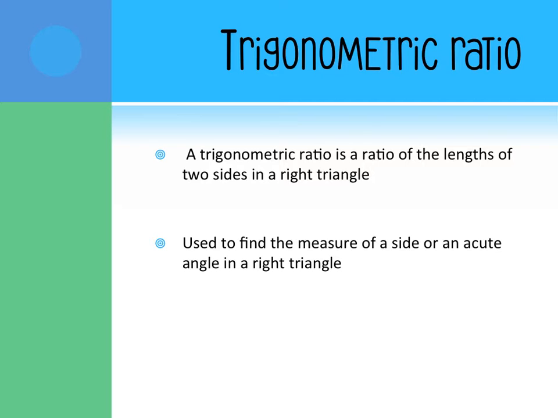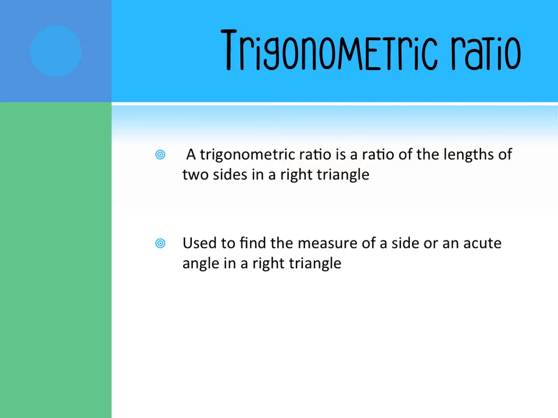So the trig ratio is a ratio of the lengths of two sides of a right triangle. And it's used to find the measure of a side or an acute angle in the right triangle. So we're going to learn 3 different trig ratios. We're going to start with tangent today, and we'll eventually learn 3.